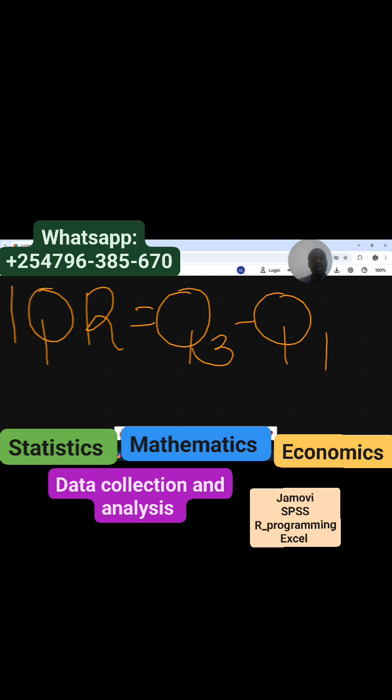The upper quartile was 6 when we calculated it, and our lower quartile was 1.5. So 6 minus 1.5 is 4.5.